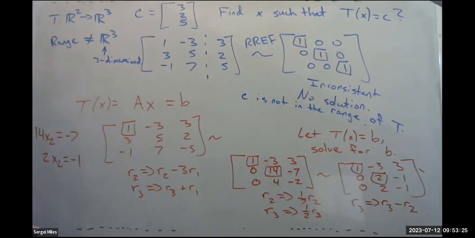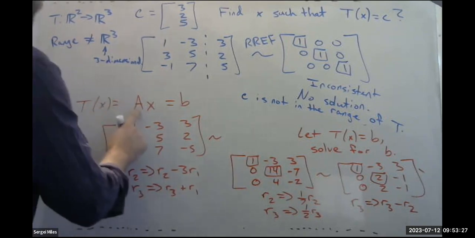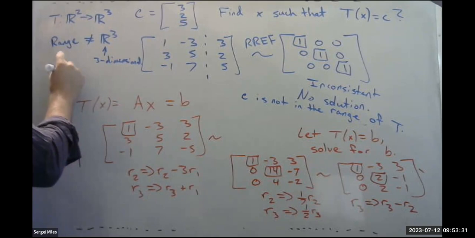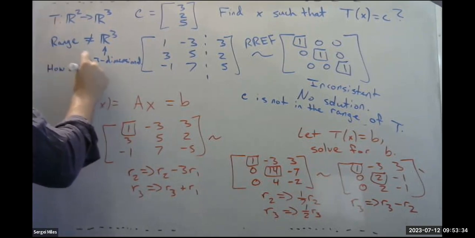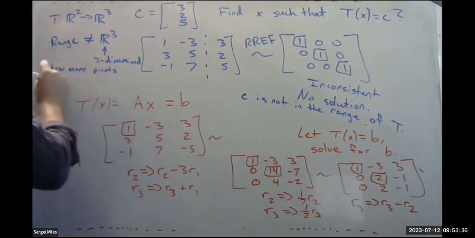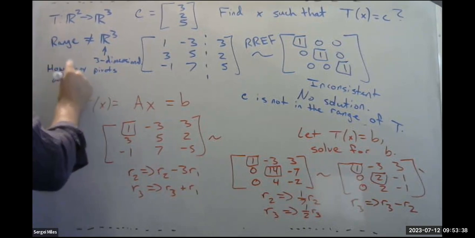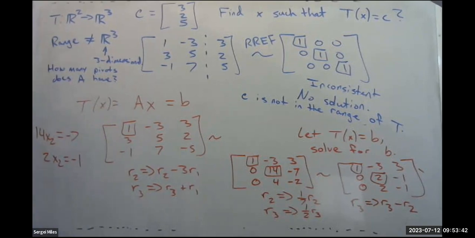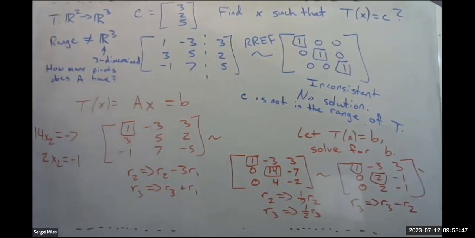Well, how do I know how many directions I can move in? Look at the matrix A. How many pivots does A have? If A has three pivots, then it can span R3.